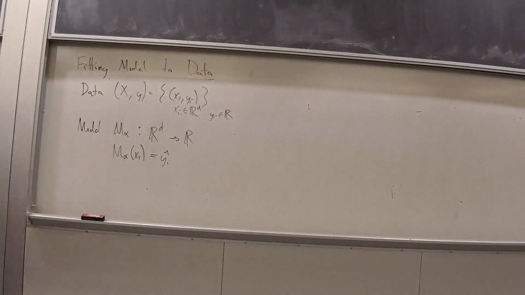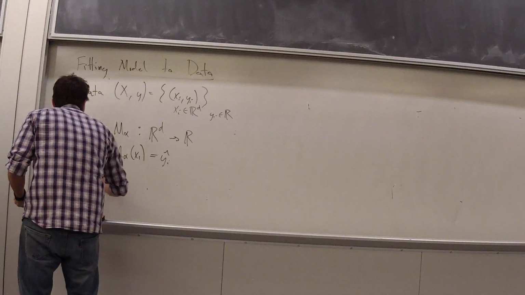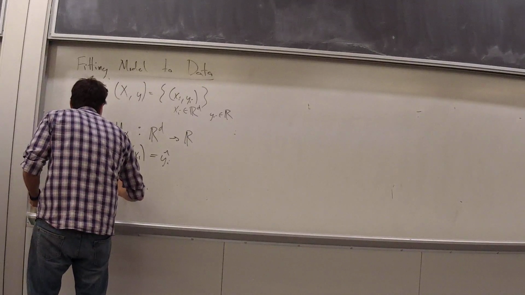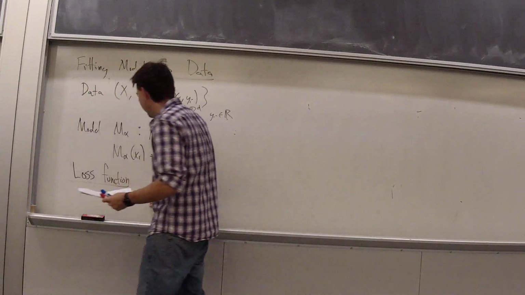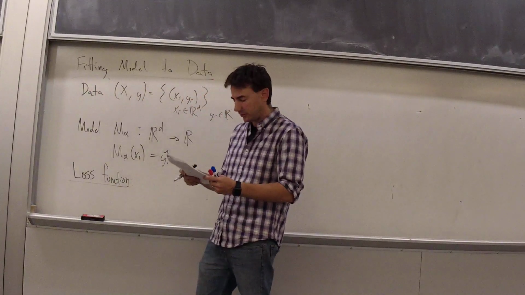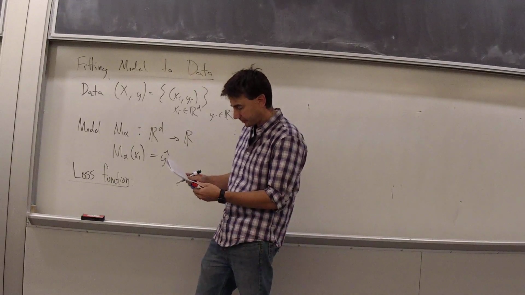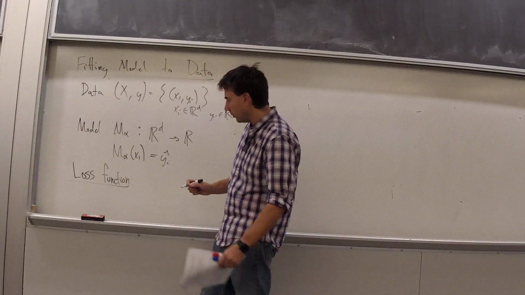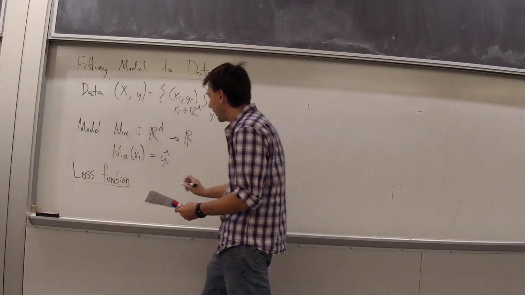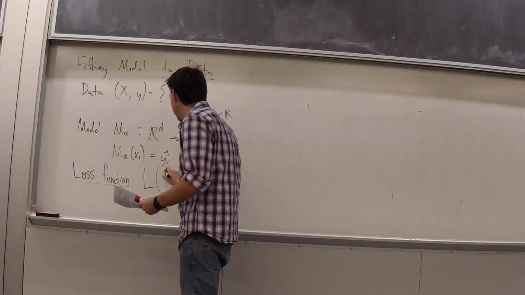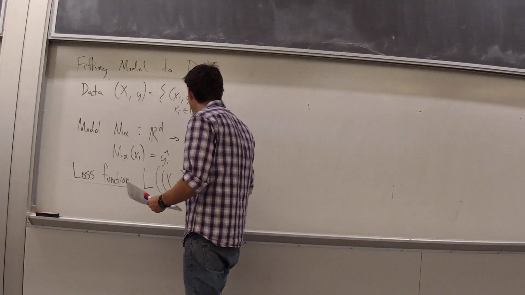Okay, and in order to do this, we're going to have what's called a loss function, which we will generalize in the classification section. But for now, we're just going to, in general, define a loss function, which takes in x, y and M alpha.